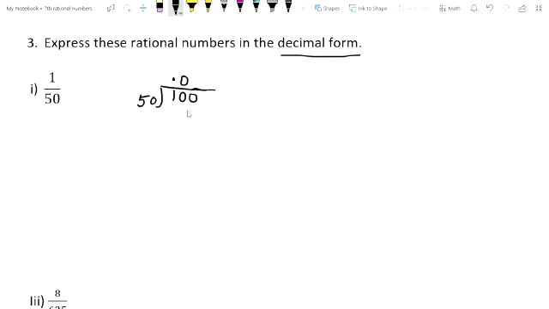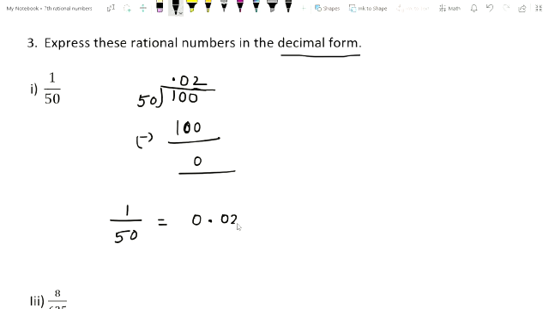In 100, how many 50s are there? 2. 2 into 50 you get 100. Now you subtract this, 100 minus 100 we get 0. So when we divide 1 by 50, what are we getting, children? 0.02. Do you understand, children?